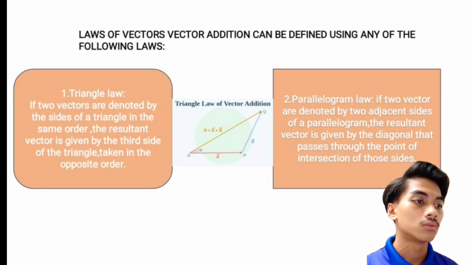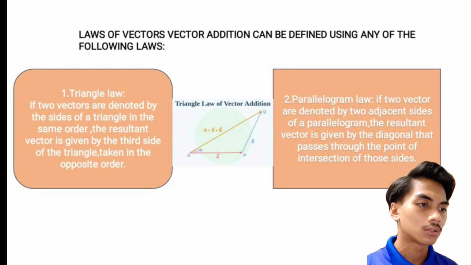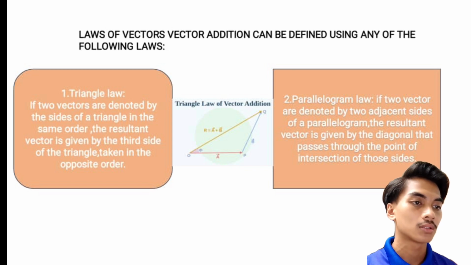Parallelogram law. If 2 vectors are denoted by 2 adjacent sides of a parallelogram, the resultant vector is given by the diagonal that touches the point of intersection of those sides.